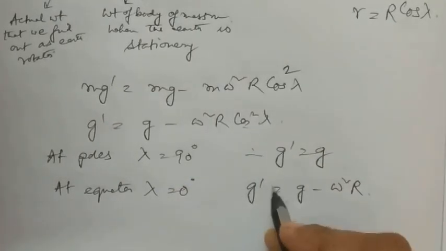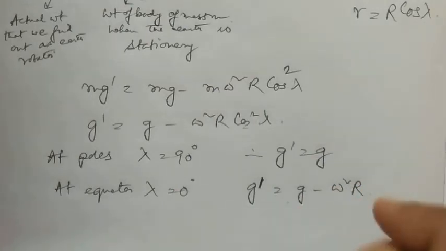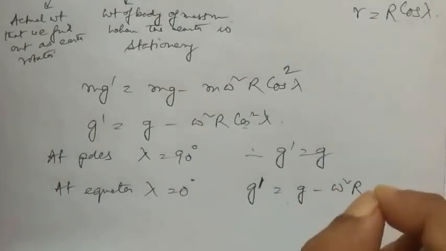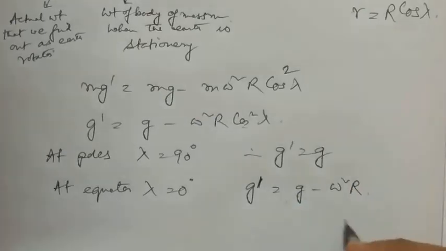So the value of g is affected the maximum at the equator. The equator is the position at which the value of g gets reduced by the maximum amount, that is omega square R.